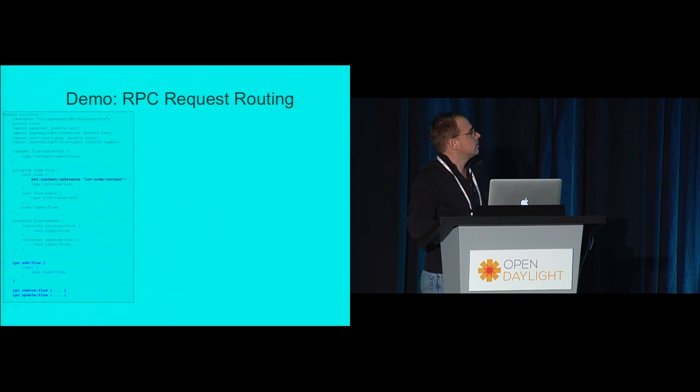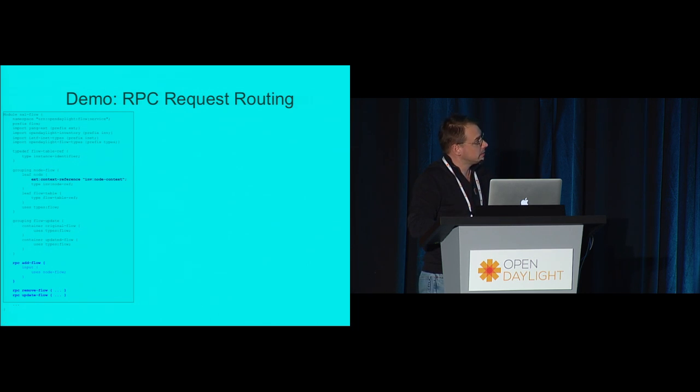You can see in the example, we have the model here that defines a node flow and a couple of other attributes.